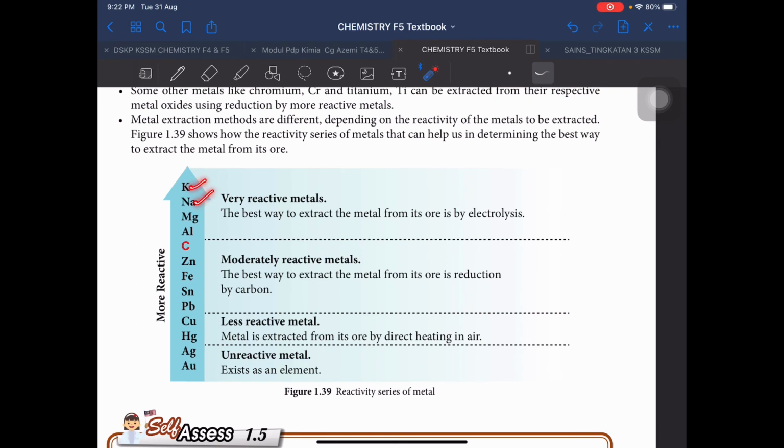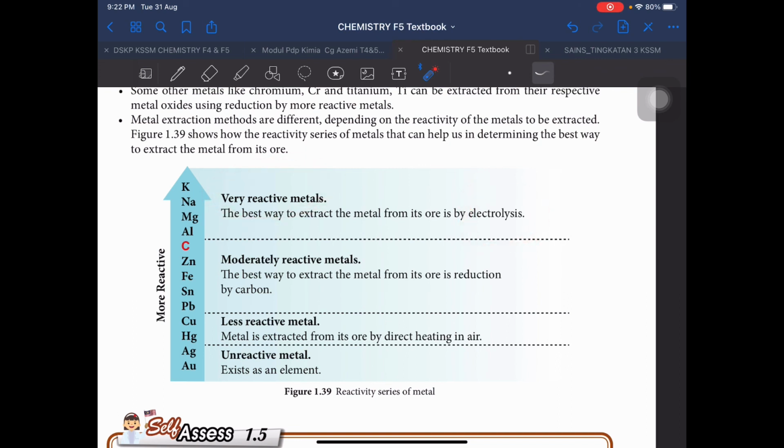Potassium, sodium, magnesium, aluminium. Potassium, sodium, magnesium, aluminium is located above carbon. So the best way to extract the metal is by using electrolysis. Remember, kalau di atas carbon, all of the metal we use electrolysis because they are very reactive.